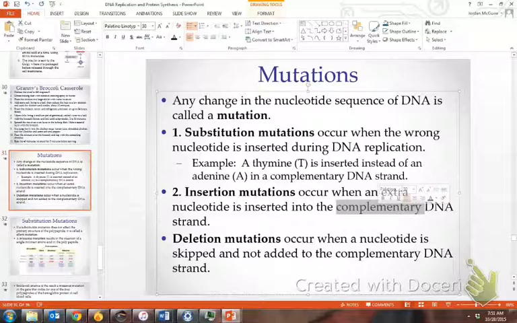This is during replication, by the way. Complementary DNA is the copy that's being made during DNA replication. So as polymerase, which is the enzyme that copies it, flies down the DNA double helix, it may accidentally put in an extra nucleotide or nitrogen base, and that could potentially cause some damage.